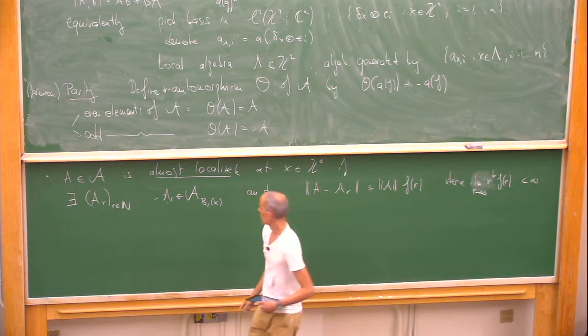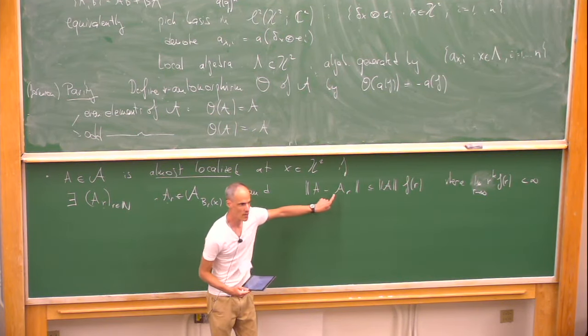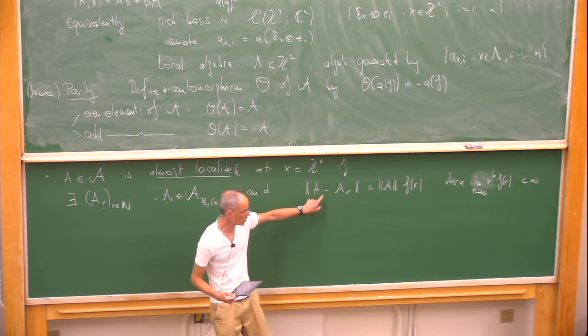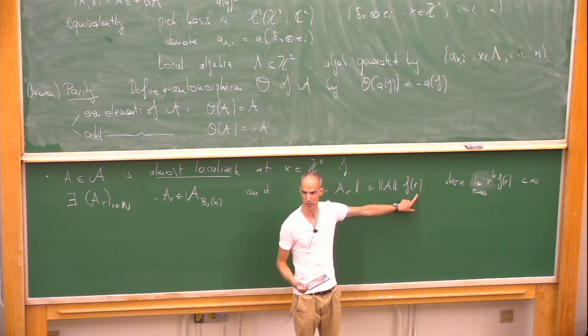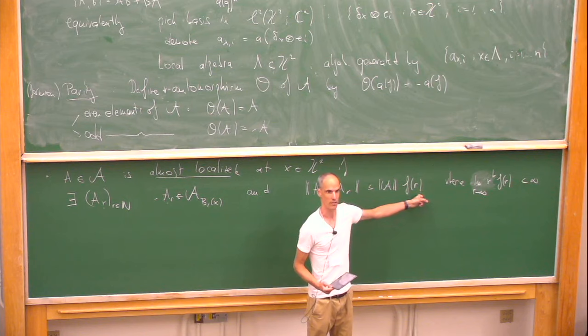It's just another way to say that the sequence A_R approximates A, but not in just any fashion: in a very fast way, in a super polynomial way. So the important thing here is this rate of convergence.